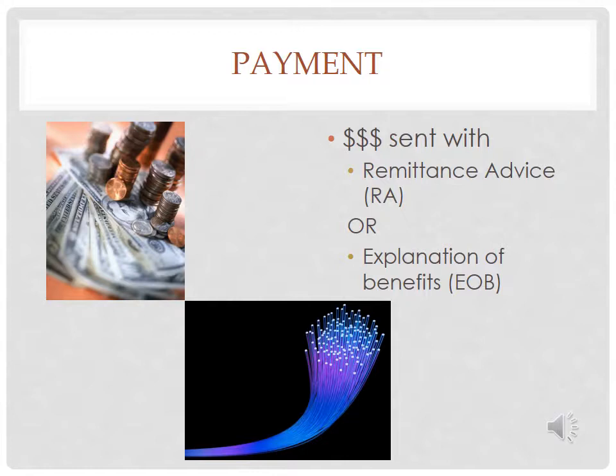An explanation of benefits is usually the older term for what we used to call the paper copy of each and every claim. So more than likely you will see remittance advices come across electronically more so than EOBs or explanation of benefits. And we're going to talk about these in a little bit more detail in the next few slides.